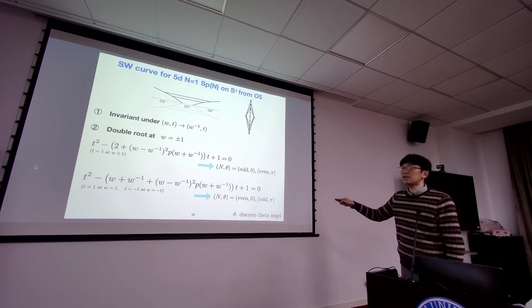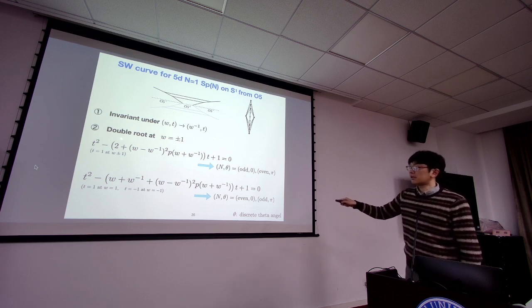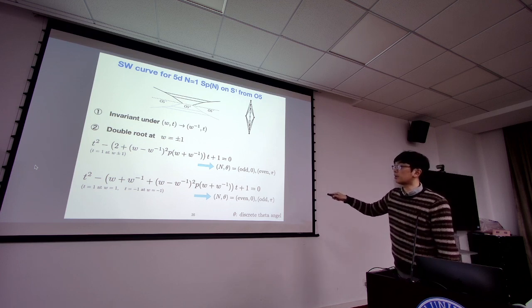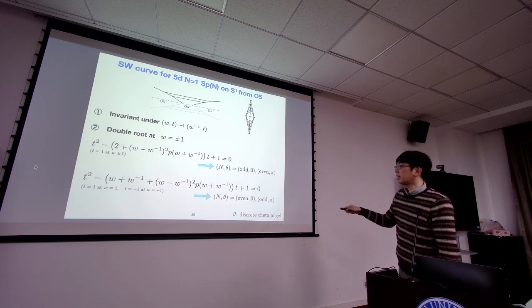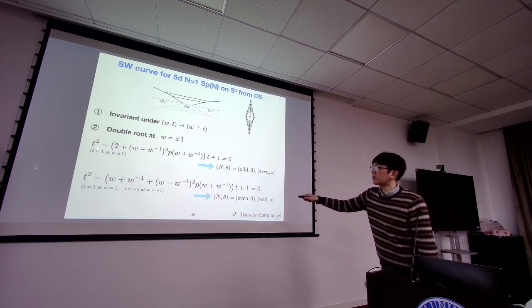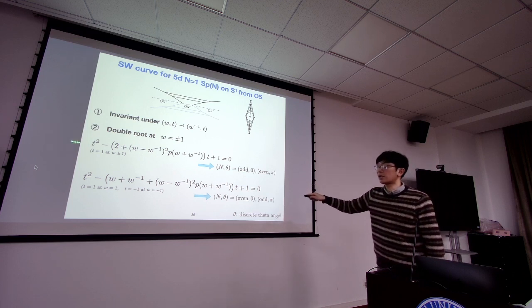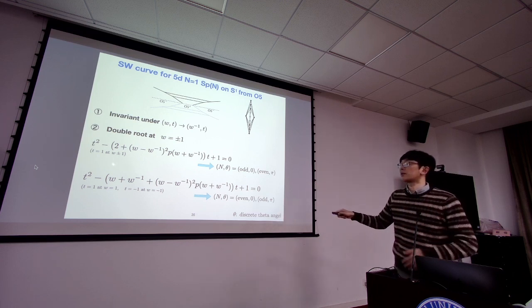In this case, we impose that the polynomial in t should have a double root, both at w equals +1 and w equals -1. Because this coefficient is 1, the solution of the double root can be either t equals 1 or t equals -1.